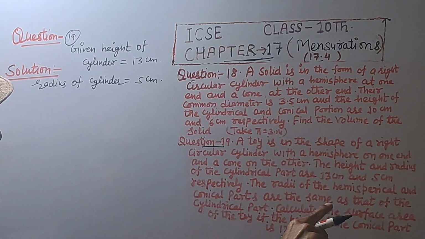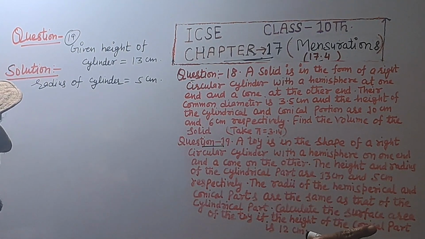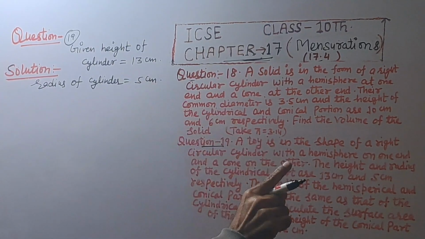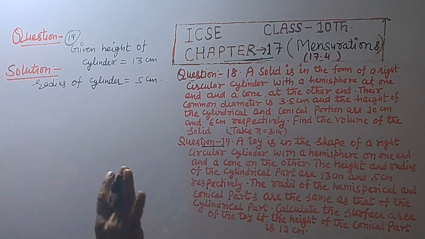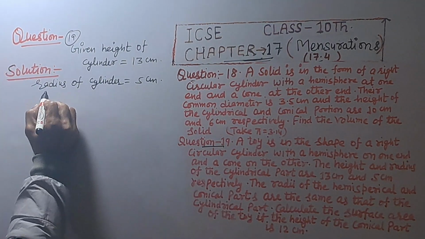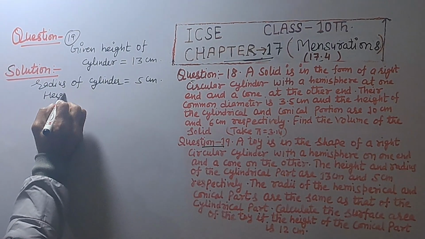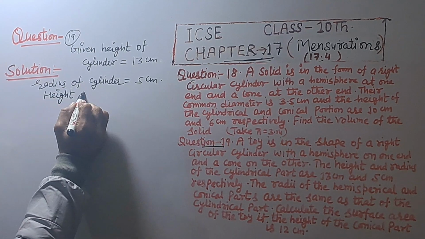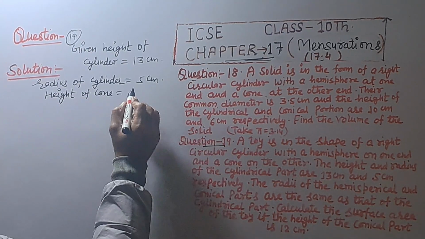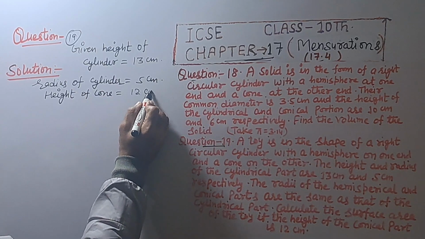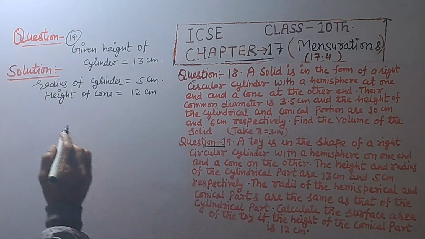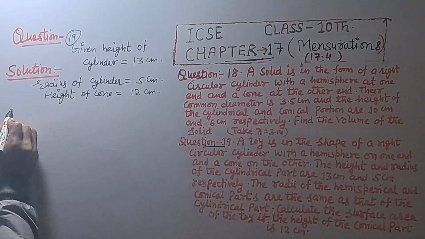Radius of cone is equal to 5 centimeter and radius of hemisphere is same as radius of cylinder, that is 5 centimeter. Height of cone is equal to 12 centimeter. Calculate the surface area of toy.